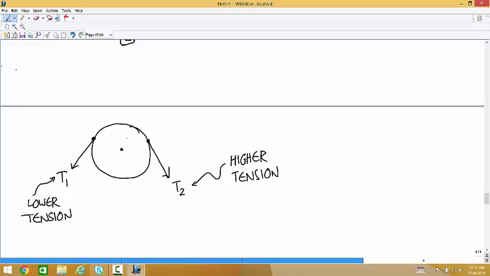These two points where the cable leaves the pole create an arc, and you can define that arc with an angle beta. That angle has to be in radians.